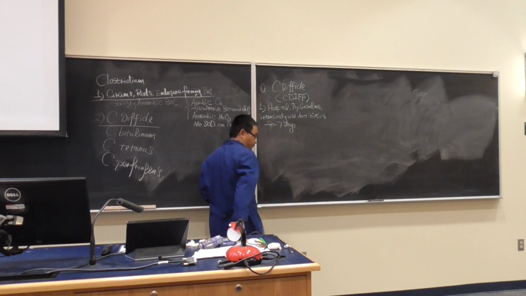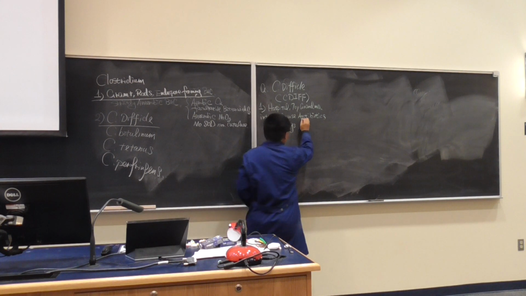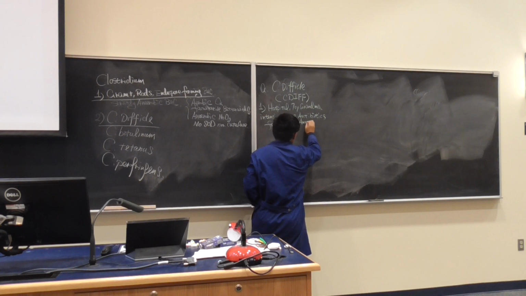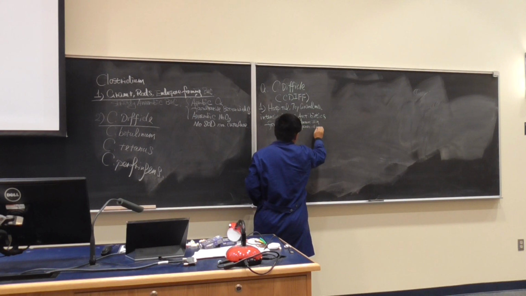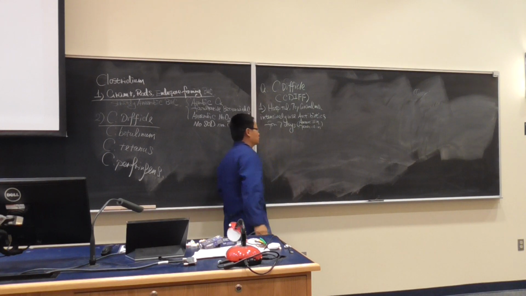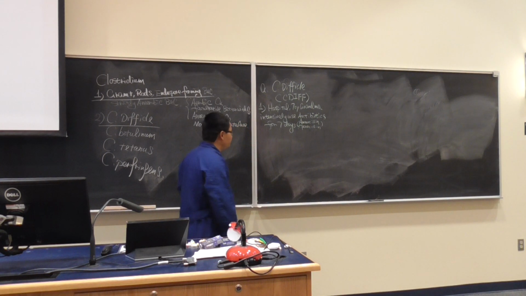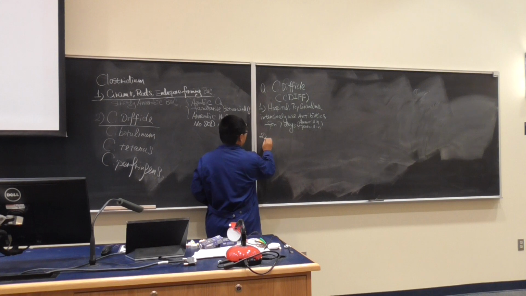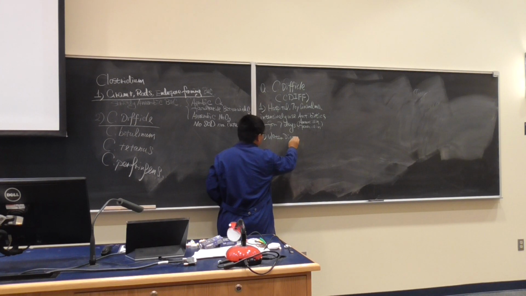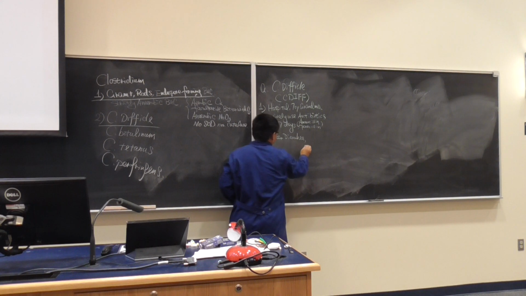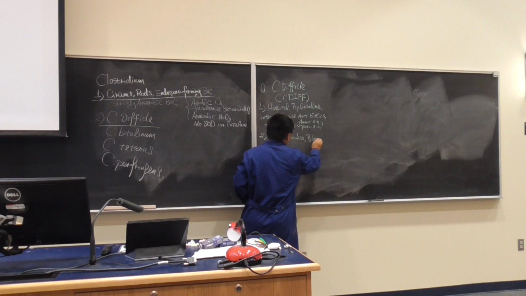What are the antibiotics? Could be amoxicillin, could be penicillin, okay? Well, amoxicillin is a type of penicillin. For 7 days. End up with what? Watery diarrhea. Bloody watery diarrhea.